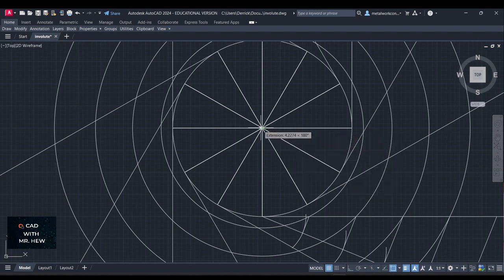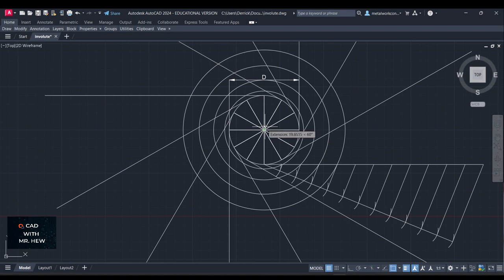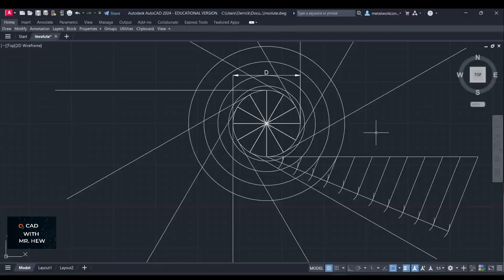All right, so we go center. You put your compass point here.